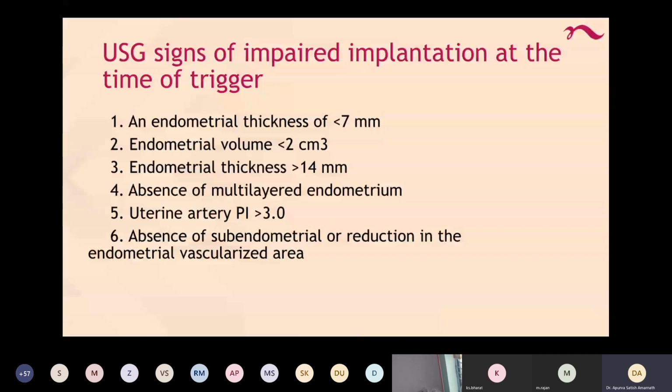So presence of all this would also suggest impaired implantation. So it can be considered to postpone the embryo transfer at this point if any of these endometrial parameters are subnormal.